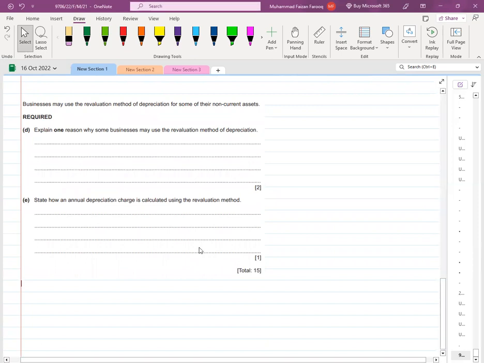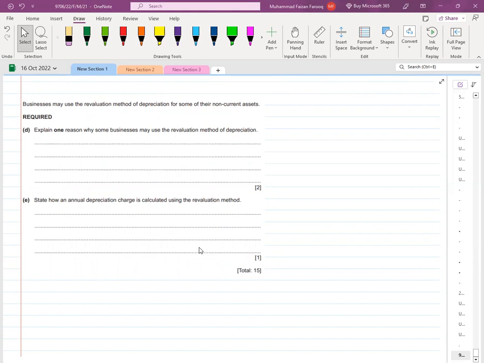Explain one reason why some business may use revaluation method for depreciation. You remember from the Cambridge Official Text, we discussed that tools and this type of items, for which we can calculate the market value and the difference is calculated as depreciation. This is what we have to write.